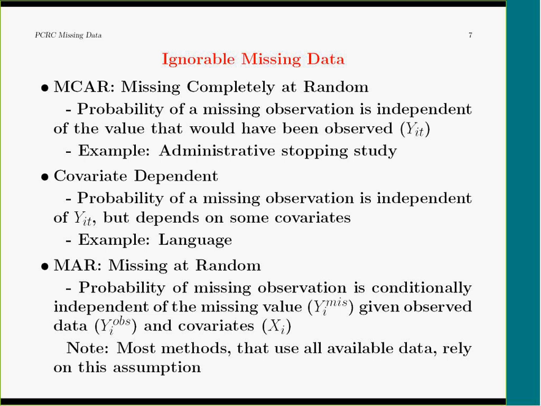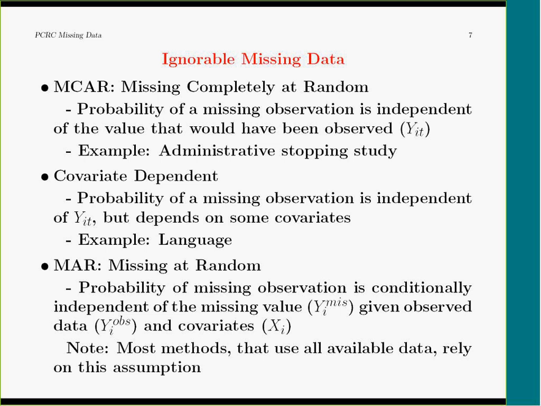A good example might be an administrative stopping of the study. Also, there is covariate-dependent missingness. One good example is if the questionnaires aren't available in some languages, so you may have missingness in languages other than English and Spanish or something like that.